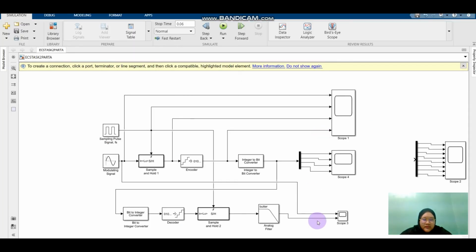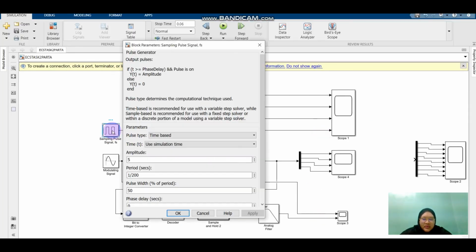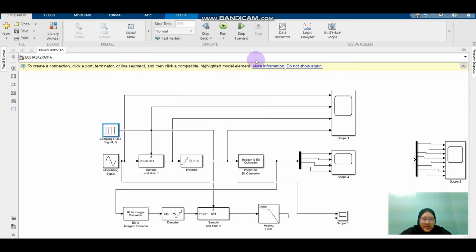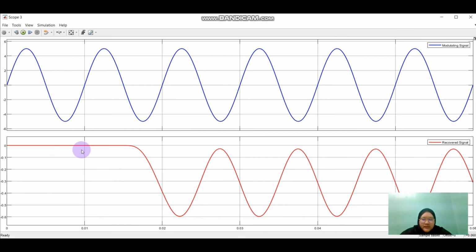Okay, so for the recovered signal for 1 over 200, which is part A, if we observe this waveform, it is definitely not accurate at all, because the modulating signal is at an amplitude of 5, but we get negative answers for this.